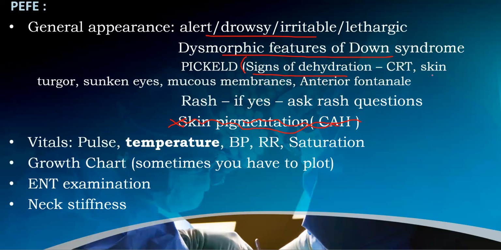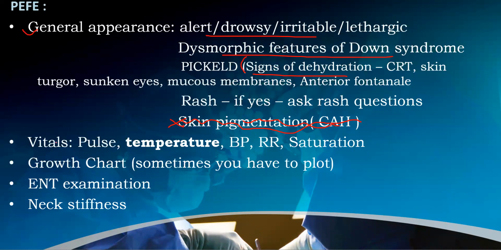Also, I'm going to check for skin turgor and capillary refilling time, and if possible, then urine output. So these 5 or 6 signs are needed to check for dehydration in a child: capillary refilling time, skin turgor or skin pinch test, sunken eyes, mucous membrane, and anterior fontanelle.